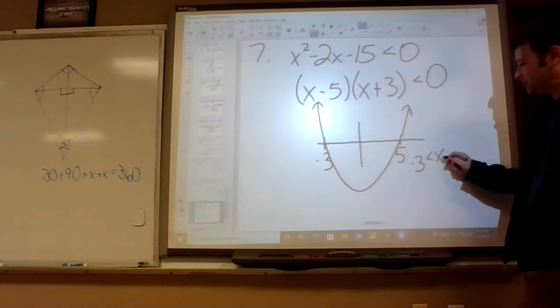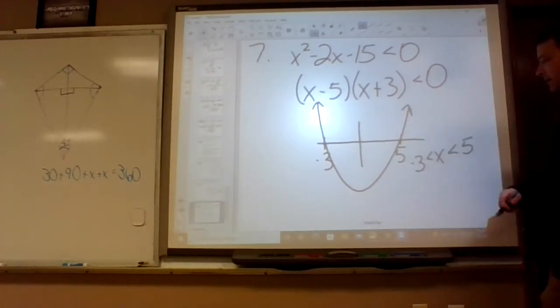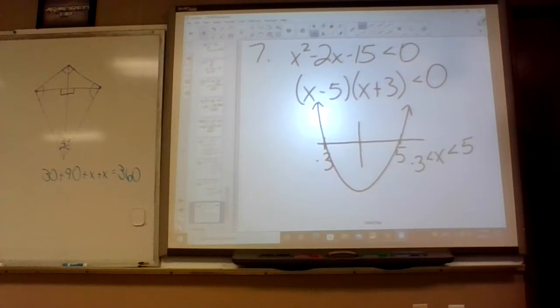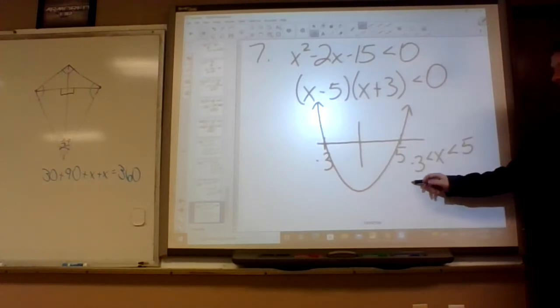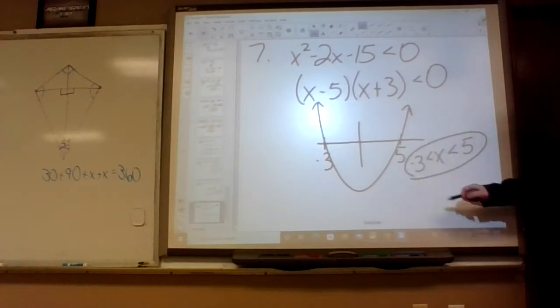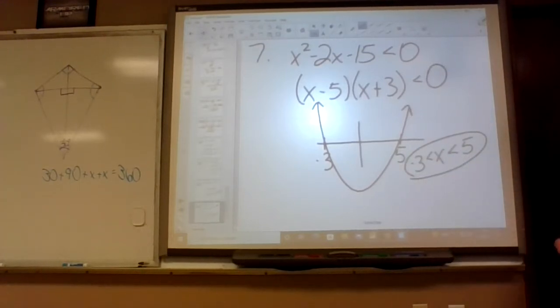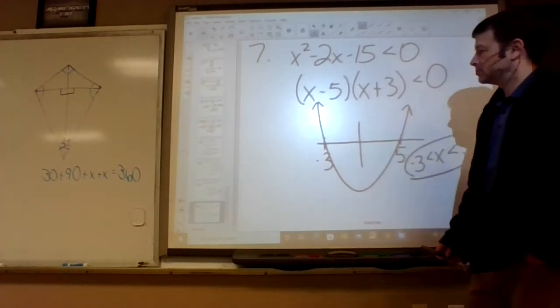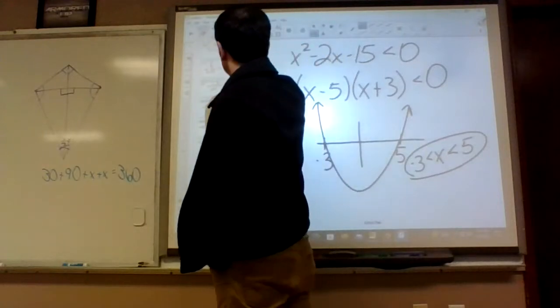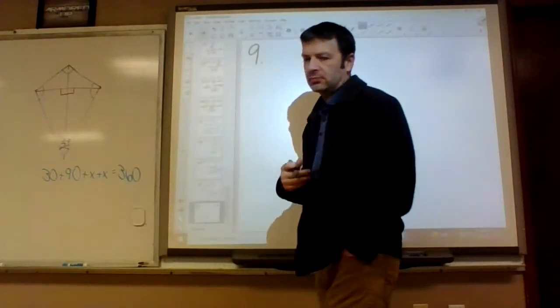So between negative 3 and 5. Bigger than negative 3, smaller than 5. I keep forgetting that that's a negative. Oh, negative 4, that's the factor. So it just bounces.